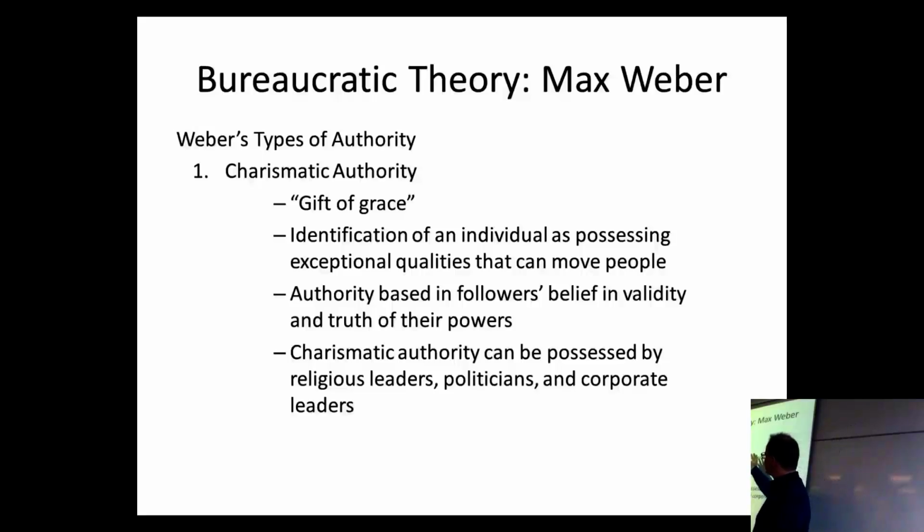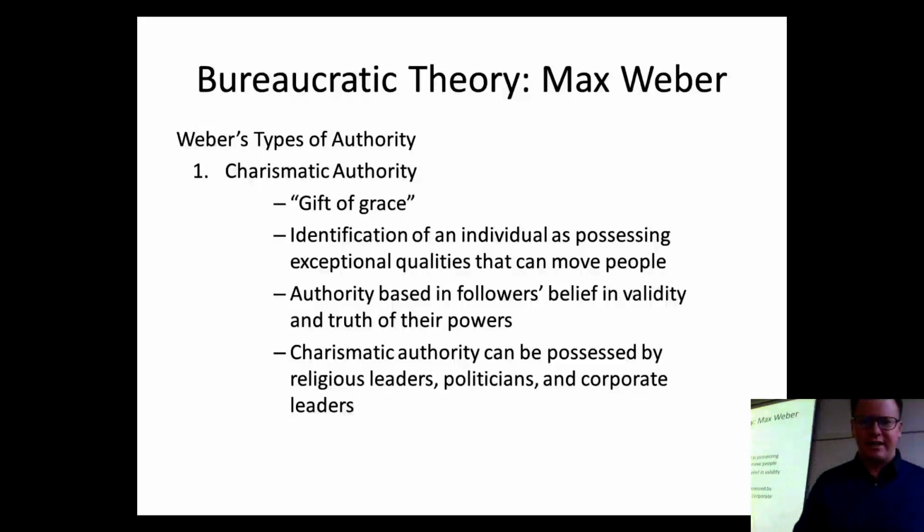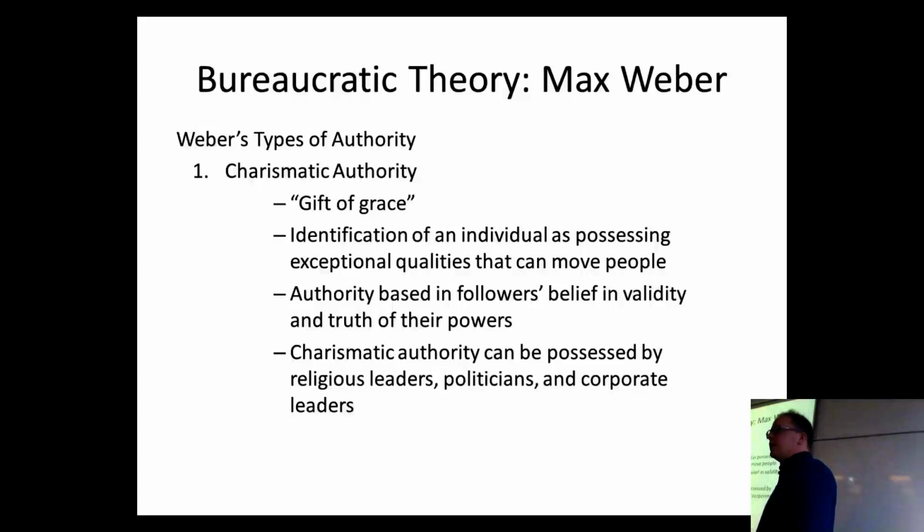So this was the so-called gift of grace, and he recognized this is not just a phenomenon in terms of leadership in monotheistic or polytheistic institutions like the Catholic Church or I don't know what. But this is a phenomenon as well in groupings in general.